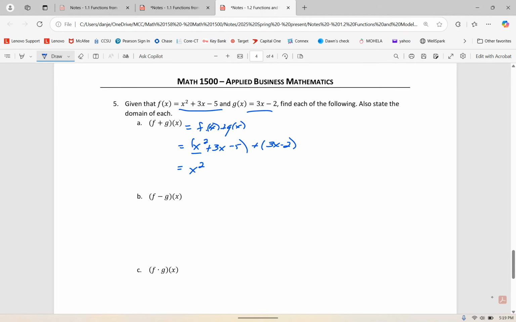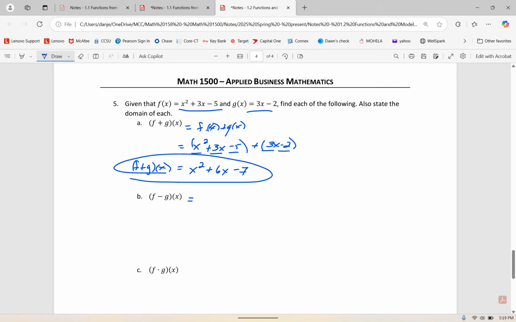X squared, then I have a 3x and another 3x is 6x, minus 5 minus 2 is a negative 7. F plus g of x equals x squared plus 6x minus 7. Now you're writing a function here. This is one of the things I'm glad you're watching this video; you'll catch this when you take my test. Since you're finding a function, you must write a function, which is in an equation format.